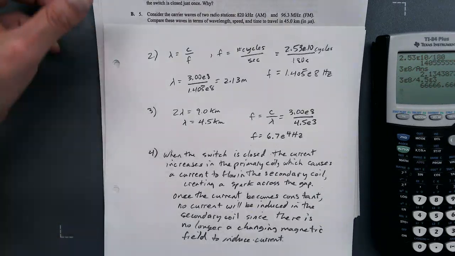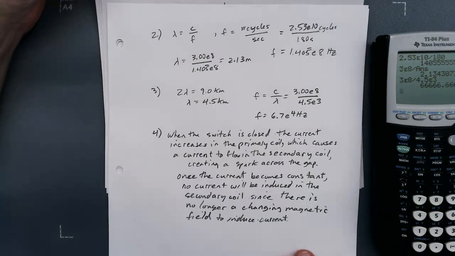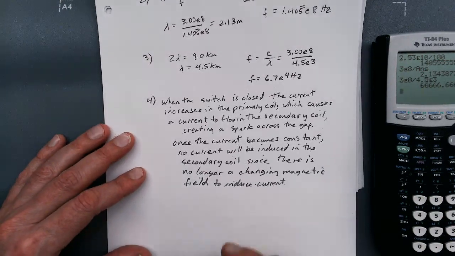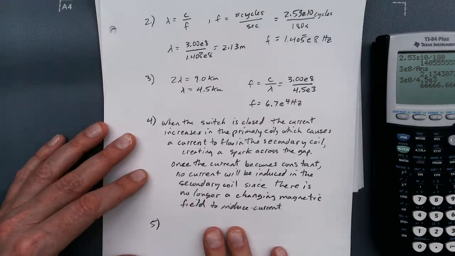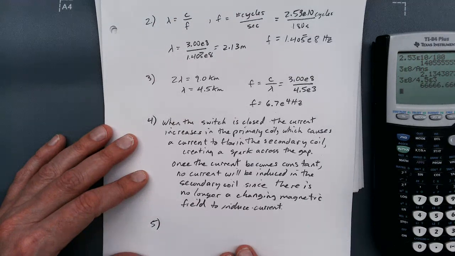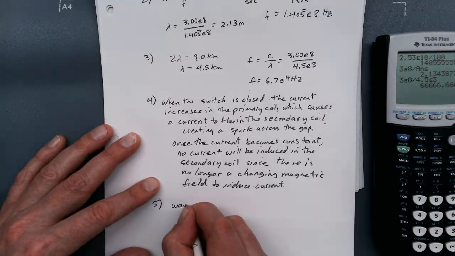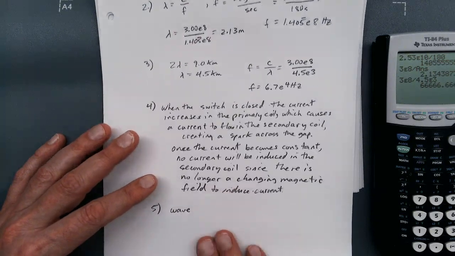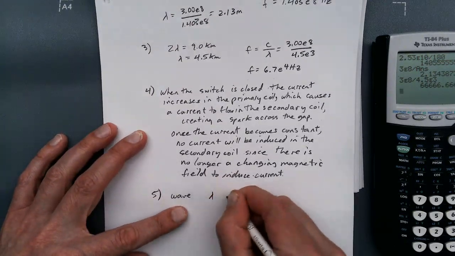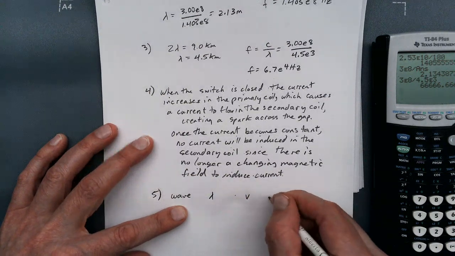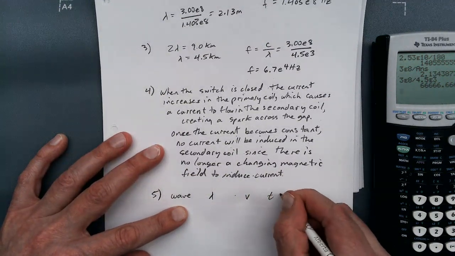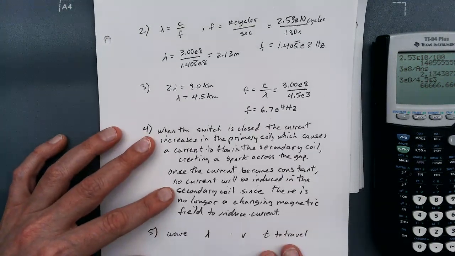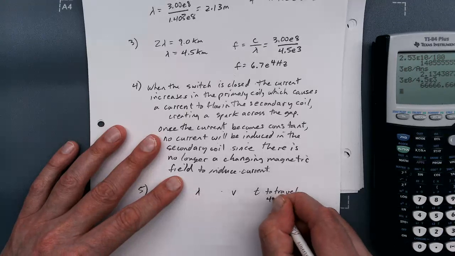So we'll just start with the AM and FM waves, and we want the following characteristics: wavelength, speed, time to travel. We want it to travel a total of 45 kilometers.